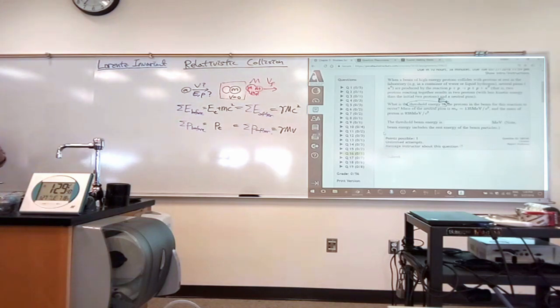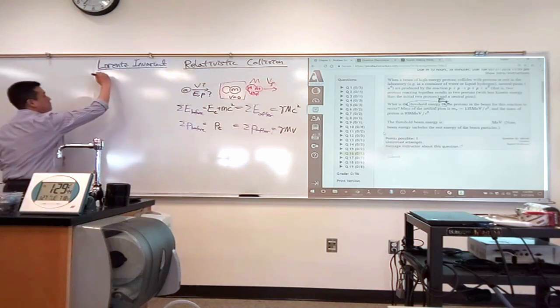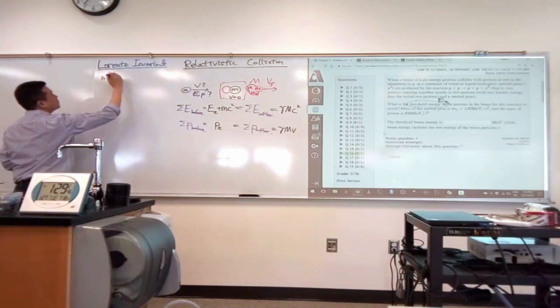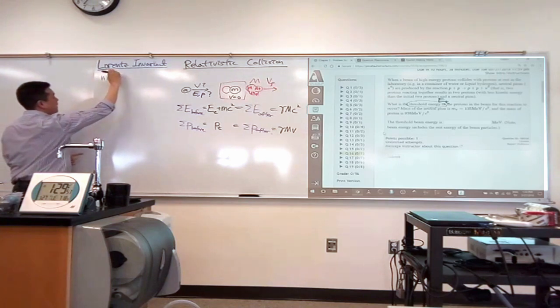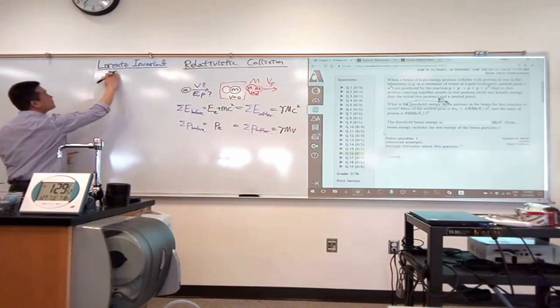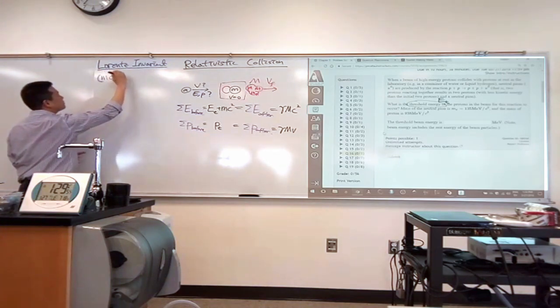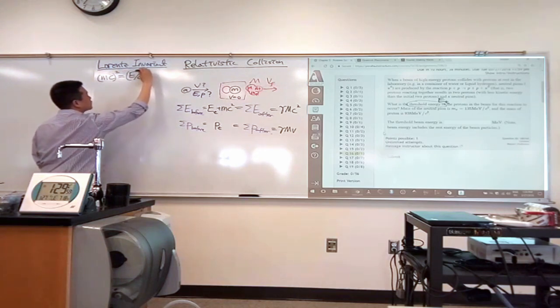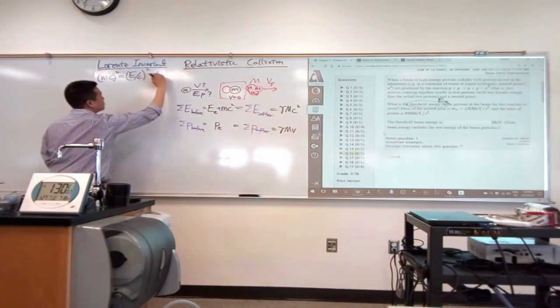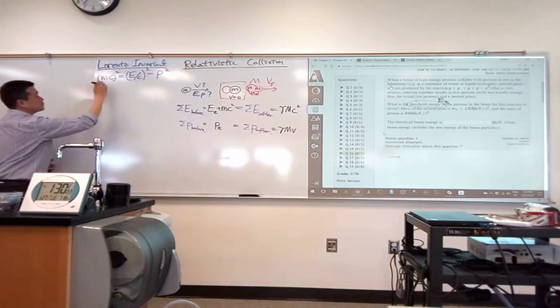There's this expression that is valid: mass squared, I guess I want to actually put it this way, mc squared is equal to E over c squared minus momentum squared.